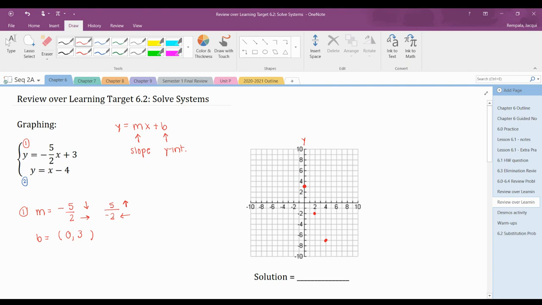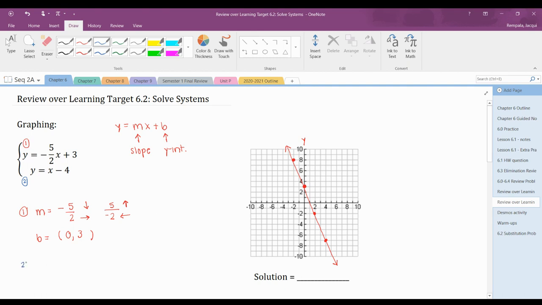So I'm going to go back to my y-intercept, and I'm going to do it the opposite. I'm going to have the 5 positive, so I'm going to go up 5, 1, 2, 3, 4, 5. But then I'd have to go 2 to the left. And notice that all of those points are nicely on my graph, and it allows me to then connect them where I have one nice straight line that takes up the entire graph.